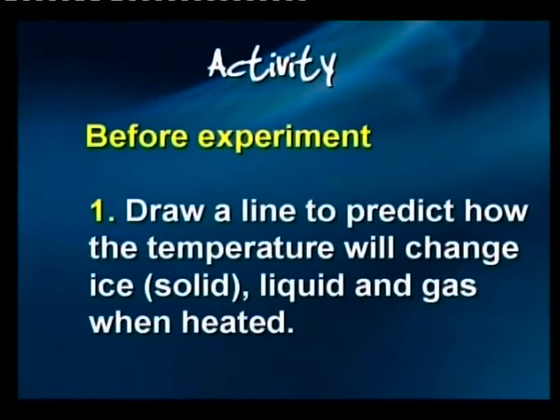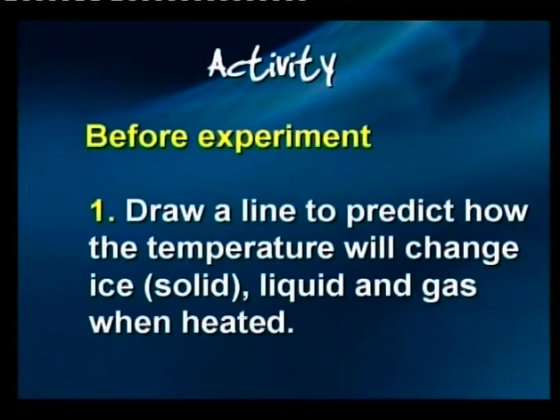Okay, class, looking on the screen, draw a line to predict how the temperature will change for ice, which is in its solid state. Remember, water comes in three states. It can be in solid state, liquid state, and gas state.